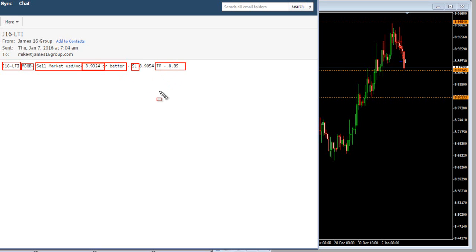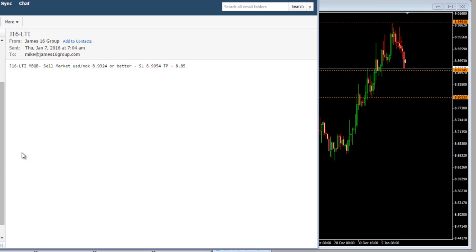So again, that was the first signal that went out at 7:04, quickly followed up by another alert at 7:16, which updated my stop loss, which moved my stop loss down, followed by another alert about an hour later, which updated my stop again, which we're going to go over. My reduction in stop loss is a key component to my success as a trader.